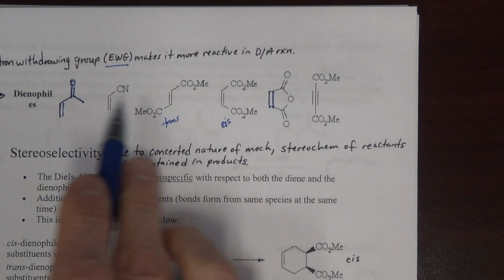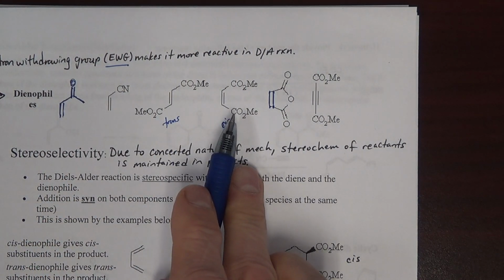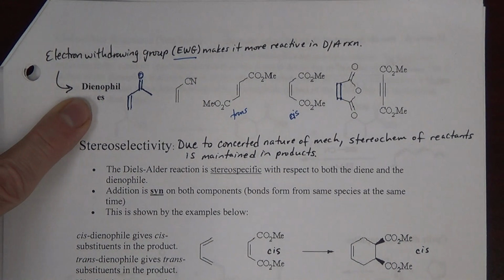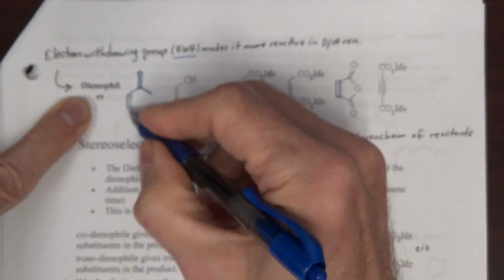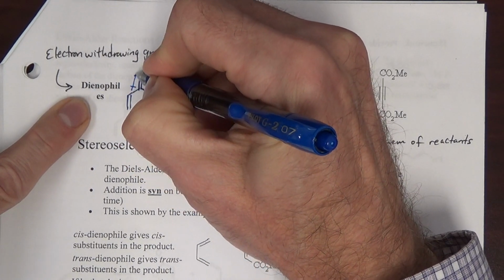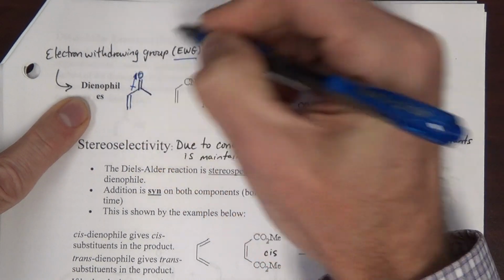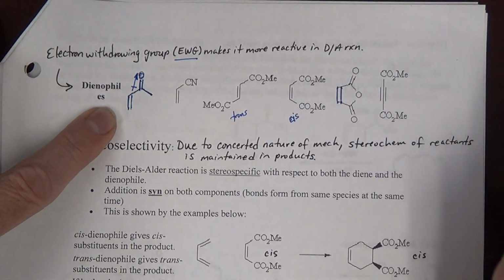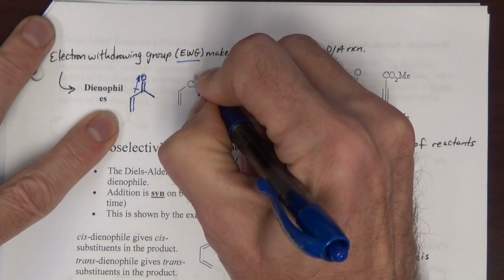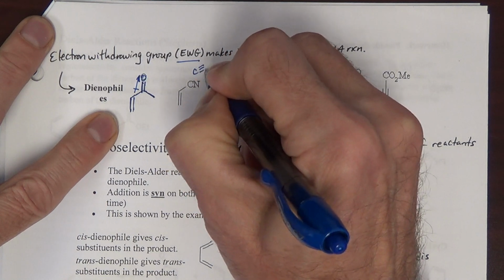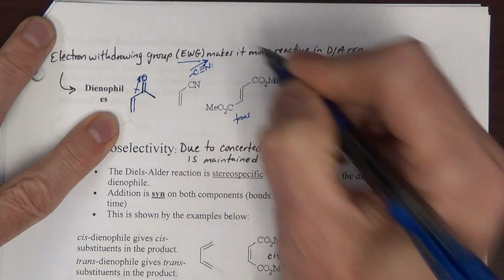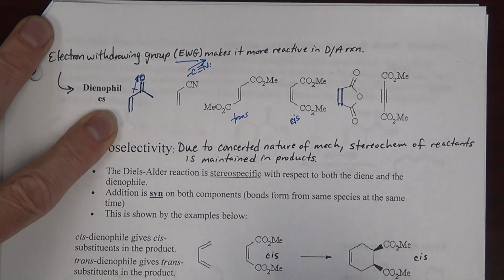Now, it turns out that having the electron withdrawing group on the dienophile makes it more reactive because it polarizes the alkene. All these electron withdrawing groups are going to have a heteroatom which pulls electrons away from the alkene. Of course, this is a cyano group, carbon triple bond N, and so we have a dipole towards the nitrogen.